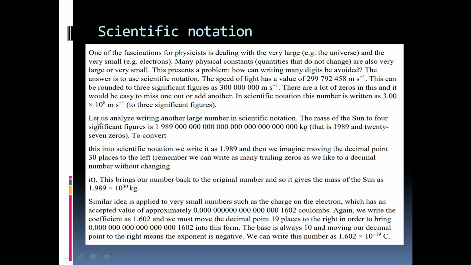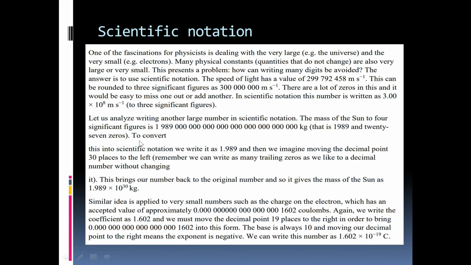And when we are talking about very large numbers, I am sharing the example of the mass of the sun with you. The mass of the sun to four significant figures is 1989 followed by 27 zeros. With these 27 zeros, it would be easy to miss one or two zeros or to add another.